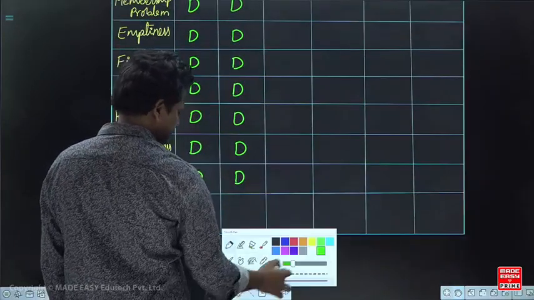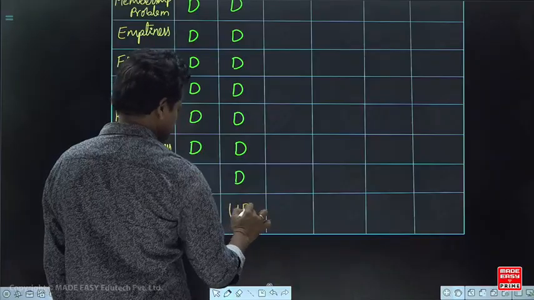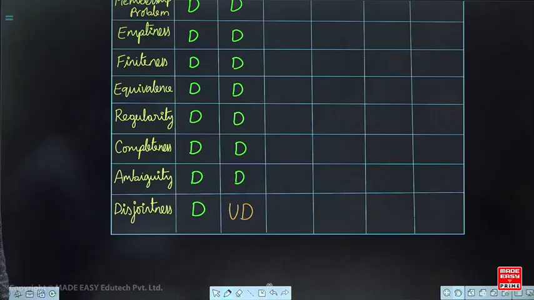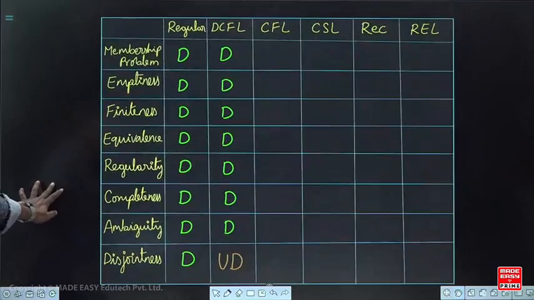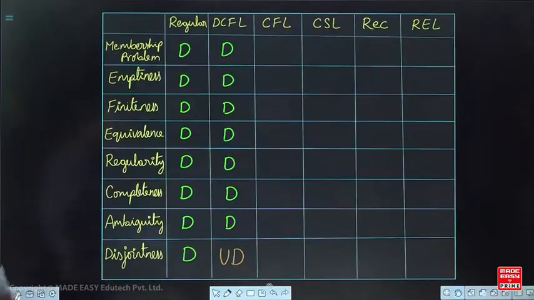This is undecidable. So DCFLs are decidable everywhere except disjointness. What are these problems? I will explain, don't worry, that is my responsibility, and I will also tell you how to use these problems.